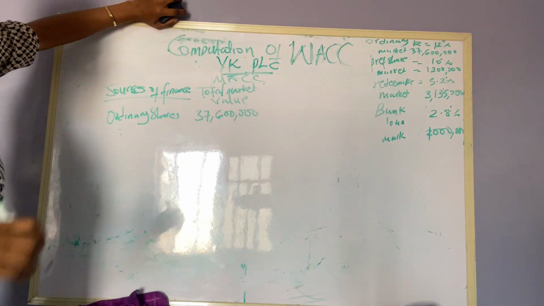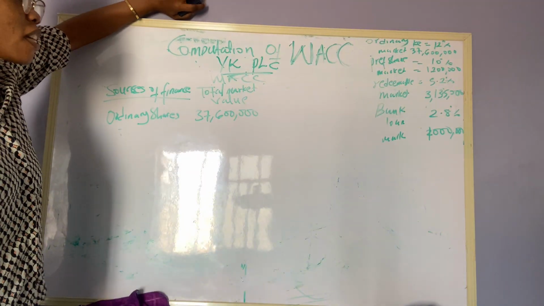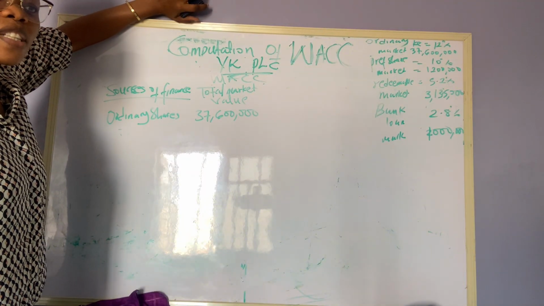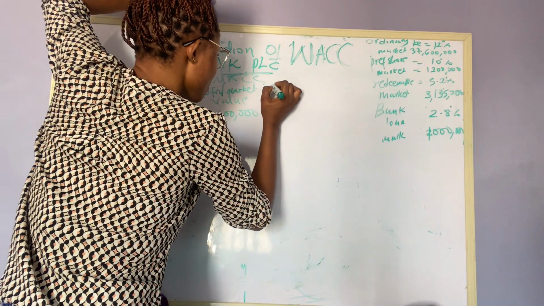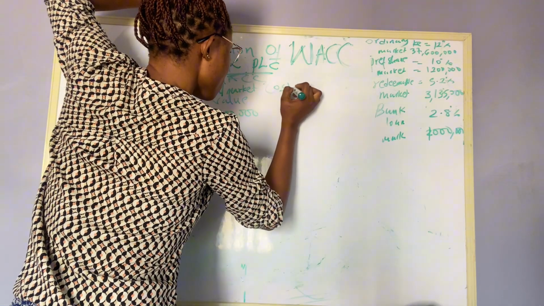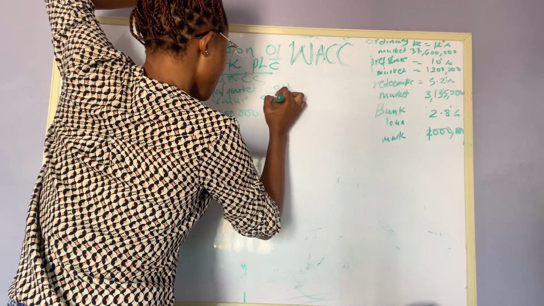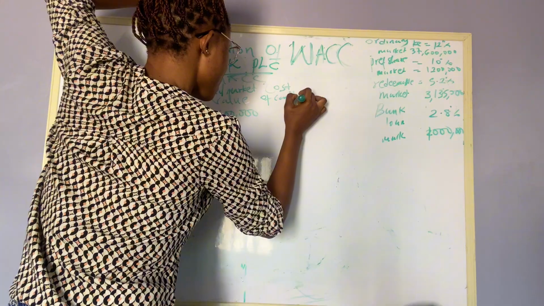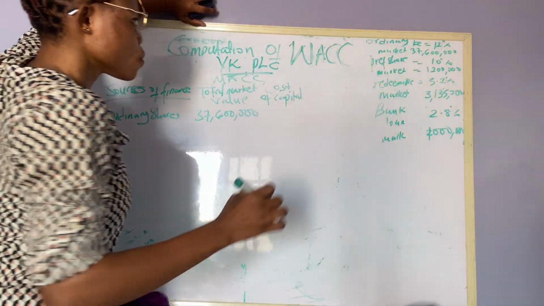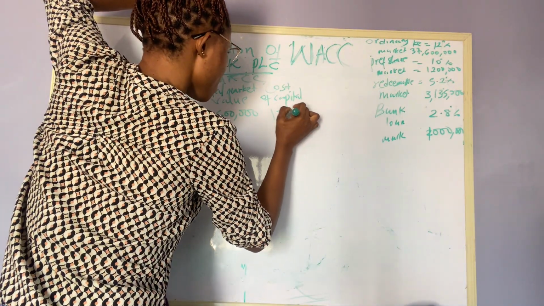Then another thing we want to do is the cost of capital, which is 12% for that.